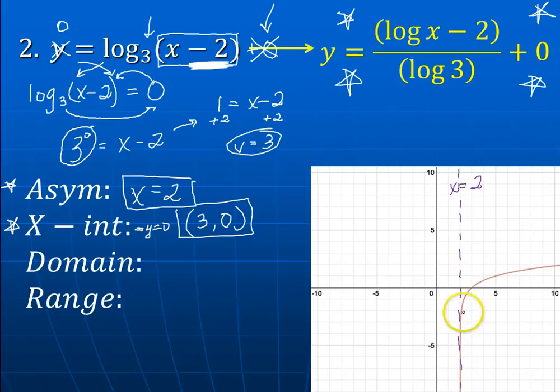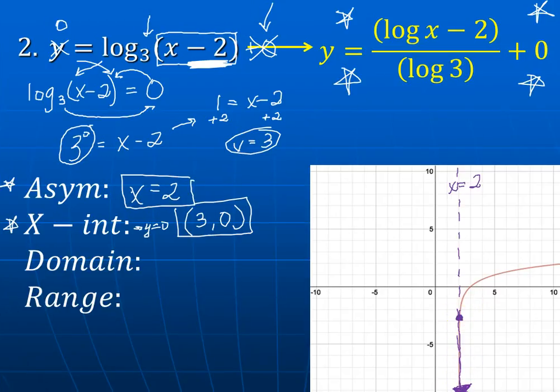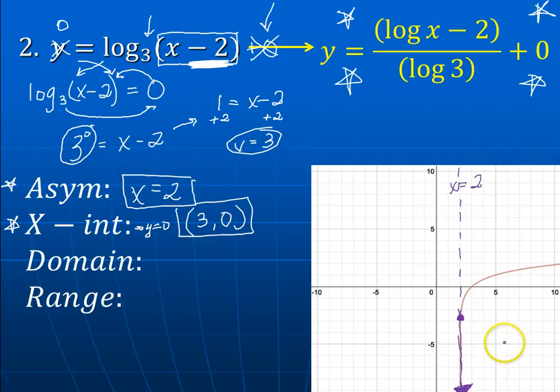But you have to recognize, again, smarter than your calculator, this line never stops. It's going to keep going basically straight down. Even if your calculator shows it stopping right about here, you got to know it keeps going. Okay, it's leveling off. That's why your calculator can't show it, but it keeps going straight down. And then if I look at my intercept, I can see we were correct. That's an intercept at 3, 0.